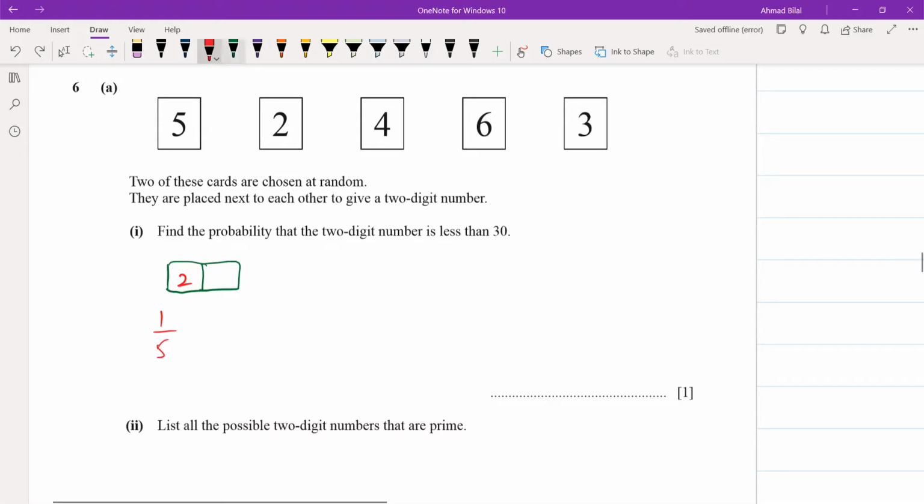How many numbers are you left with? You're left with the other 4 numbers. 2 तो खत्म हो गया. अब बाकियों में से कौन सा आ सकता है यहाँ पे? कोई भी आ सकता है. 5 आ जाए, 4 आ जाए, 6 आ जाए, 3 आ जाए. Any one of them will satisfy our condition. उनमें से कोई भी हो सकता है, so that you can say 4 out of 4. Any of the other numbers, it doesn't matter. So this into this, that gives you 1/5, and that's your probability. 1/5.